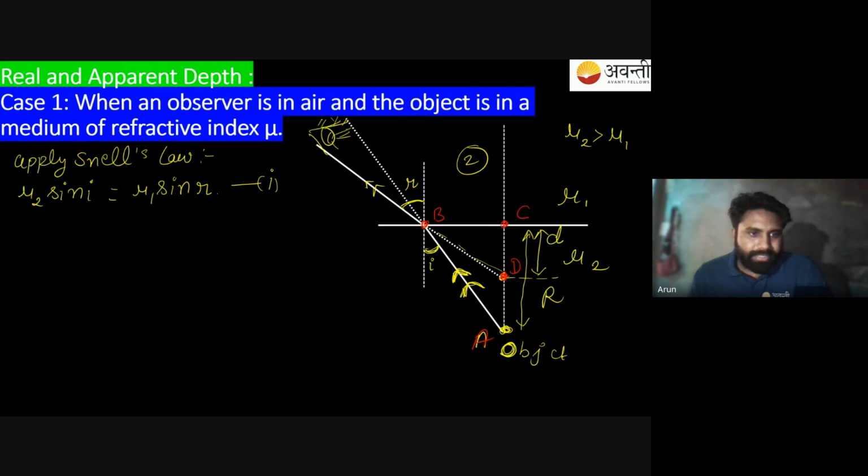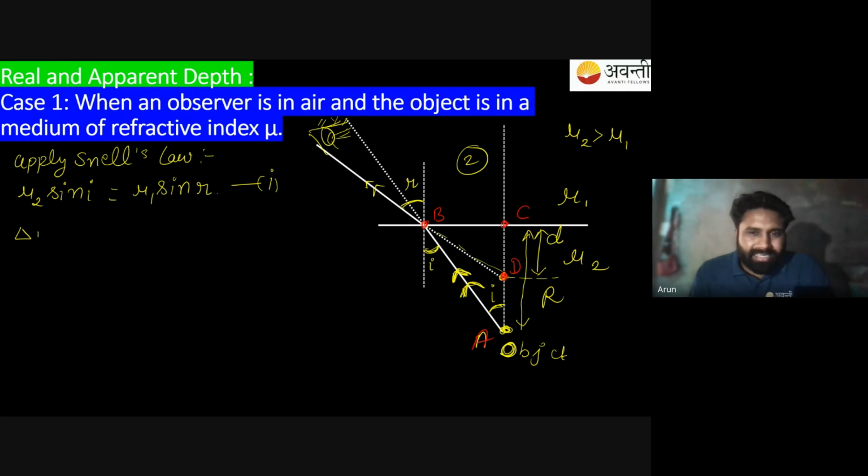So in triangle ABC. Okay. What the value of this angle? This angle is I, so this angle be I. Z जहां पे बन रहा हो तो angle will be same. ठीक है, this is a formation of Z, so angle will be same. This angle is I, this angle will also I.